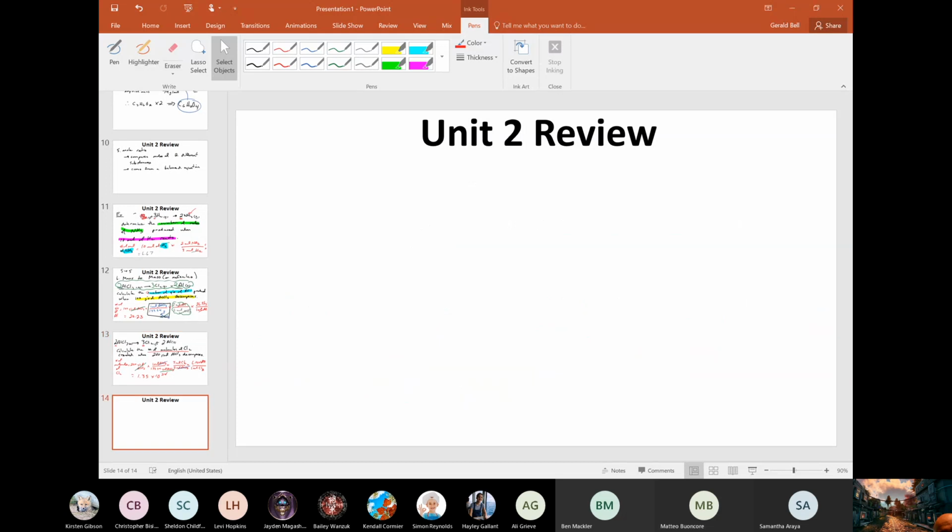Wow, limiting reagents. What number are we on? Number 7. Limiting reagents.